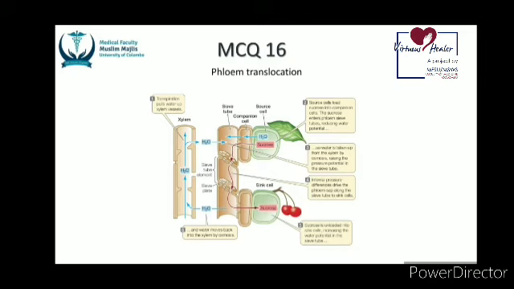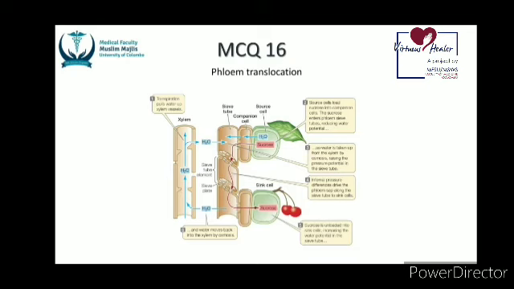The cell walls between two sieve tube elements contain pores to allow communication of substances between the sieve tube elements. And each of these sieve tube elements will be closely associated with a companion cell.